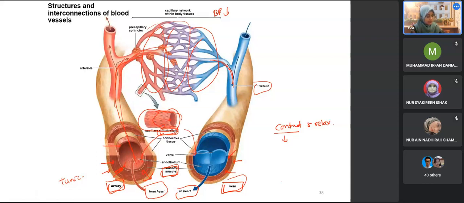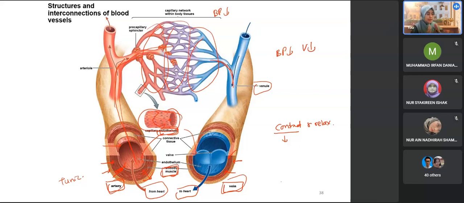Tapi as the blood flows into the venules and veins, the blood pressure will drop. So in order to make sure that the blood always flows forward, towards the heart, with low blood pressure and also low blood velocity, sebab dia dah jauh kan, so velocity of the blood will also reduce.